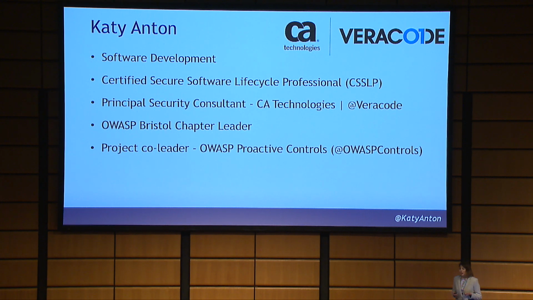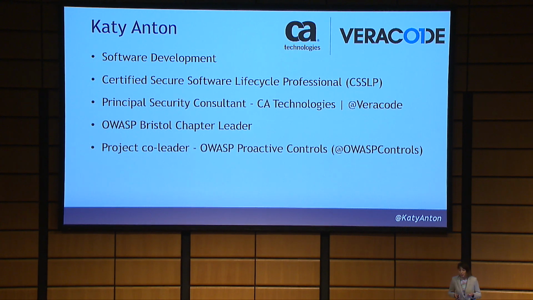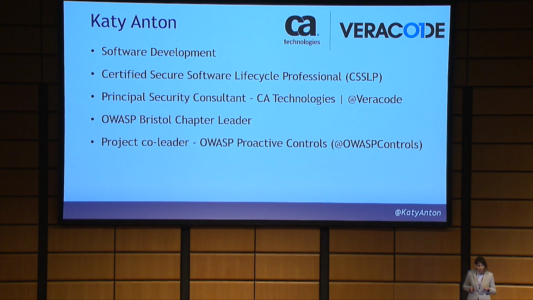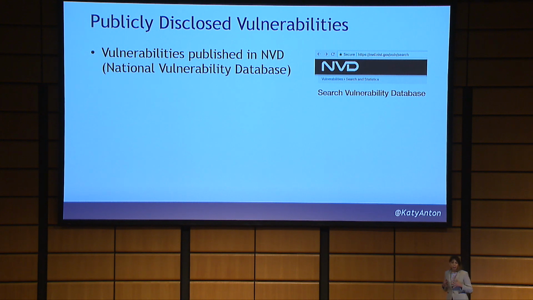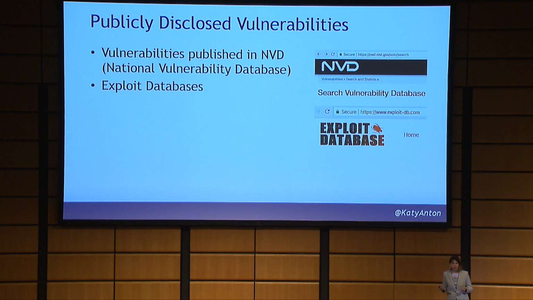But first, I want to clarify what I mean by vulnerable components. When I talk in this presentation about vulnerable components, I refer to those vulnerabilities that are published in databases like NVD, which stands for National Vulnerability Database. They are available for everyone to see and understand what the exploit is. Furthermore, there are also ready-made exploits and databases of exploits like ExploitDB.